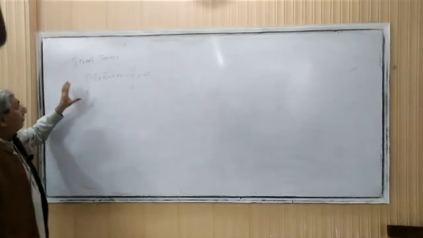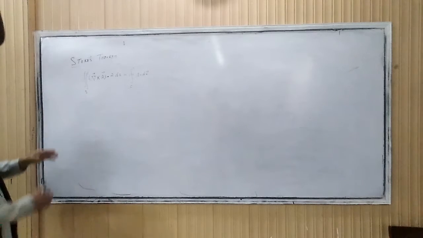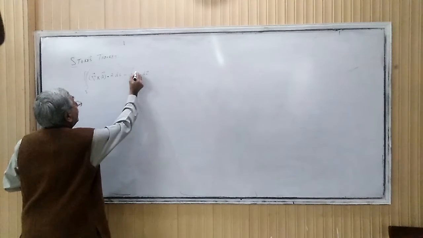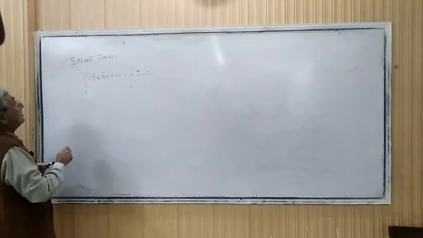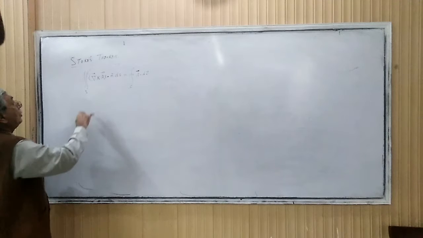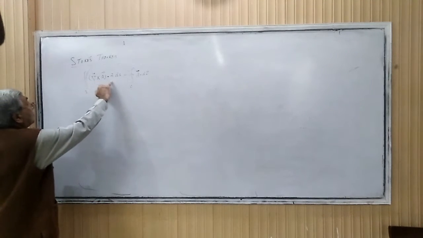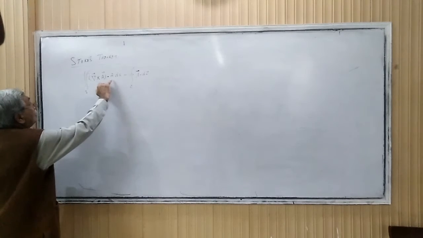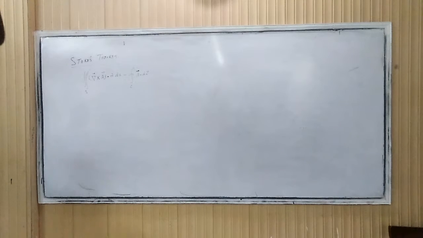So what is the statement of the theorem? It says that the line integral of vector A over the closed path C, which encloses the surface S, is equal to the surface integral of the curl of vector A over the entire surface which is bounded by the curve C. Let me repeat it.